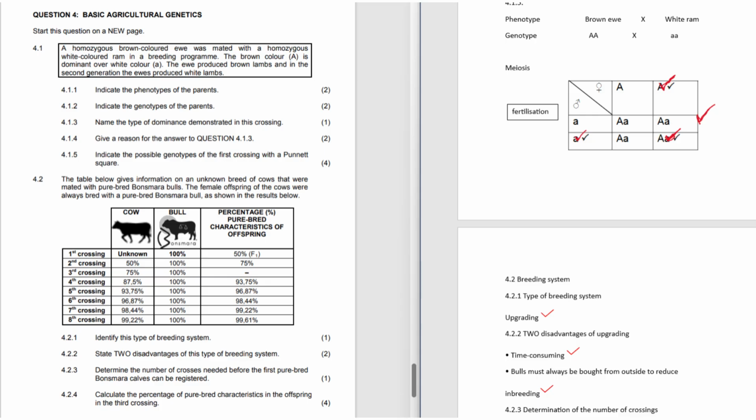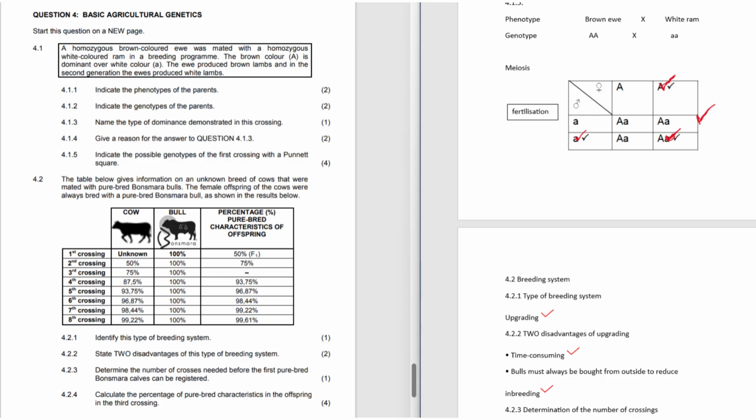Then a dominant allele A and a recessive allele a give us a heterozygous condition, which is capital letter A and a small letter a. Then another one, capital letter A and a small letter a, also gives us a heterozygous condition.